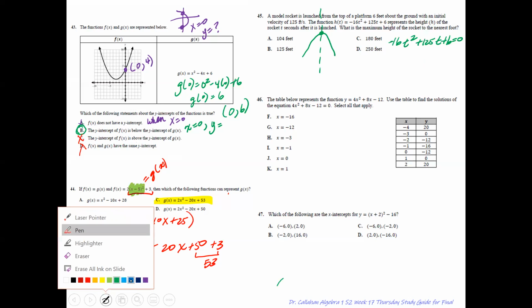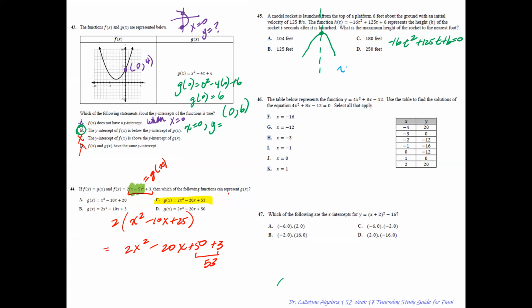So you're looking at the axis of symmetry. So x equals negative b over 2a. That's negative 125 over 2 times negative 16, which is 125 over 32. Once you divide that, you will be able to find the correct answer.